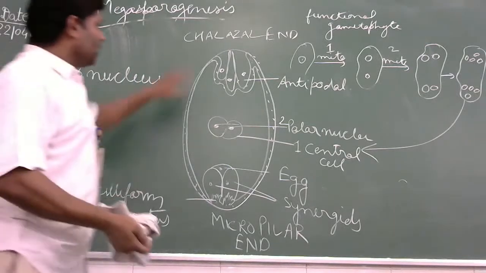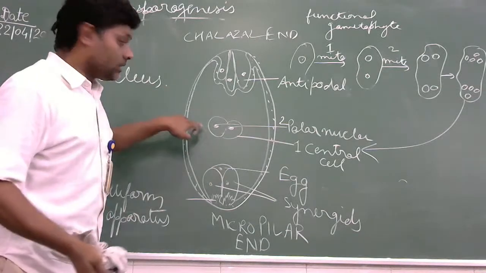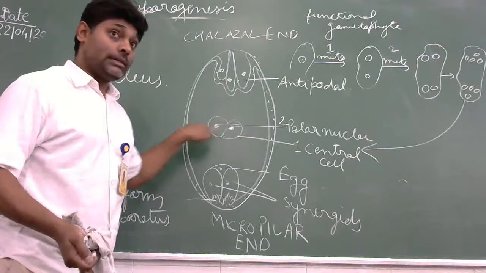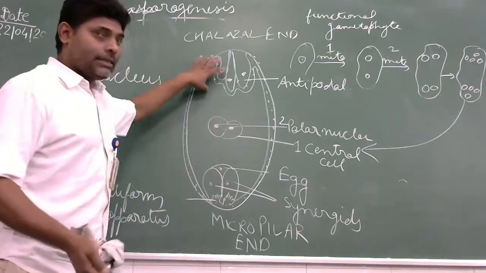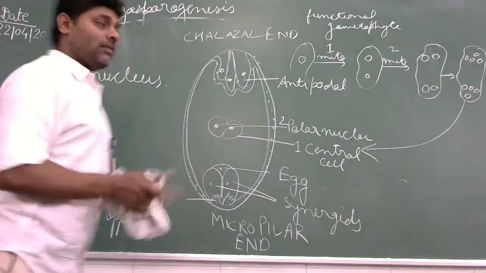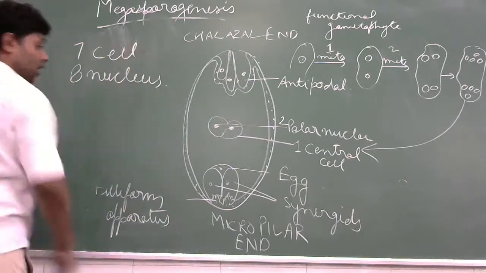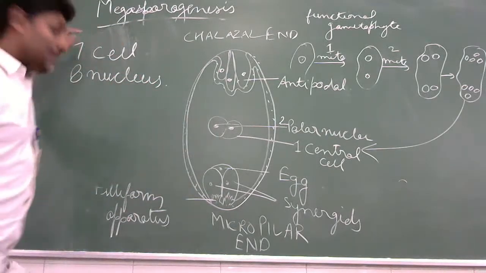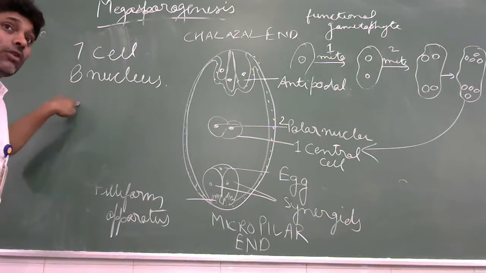How many cells? 1, 2, 3, 4, 5, 6, 7. The central cell is one cell, not two; it is a single cell but with two nuclei. So 3, 3, 6 and one cell is 7. So this mature embryo sac is known as the 7-celled and 8-nucleate stage of the embryo sac.